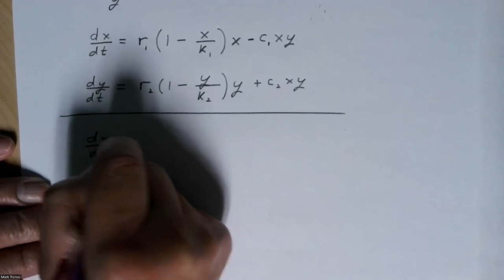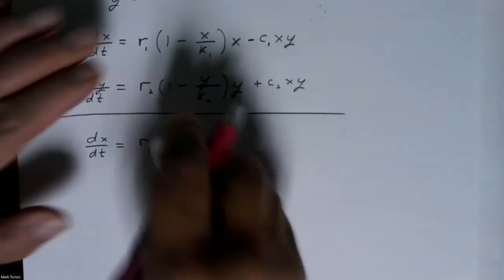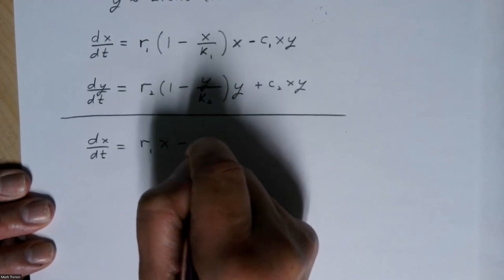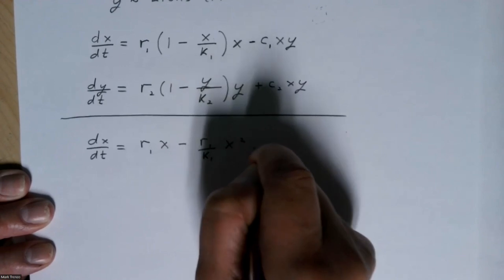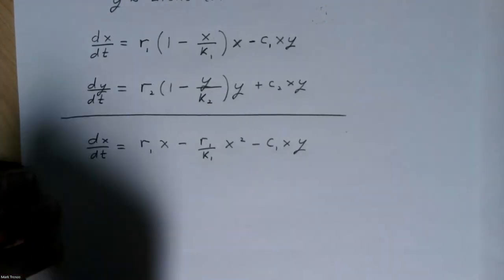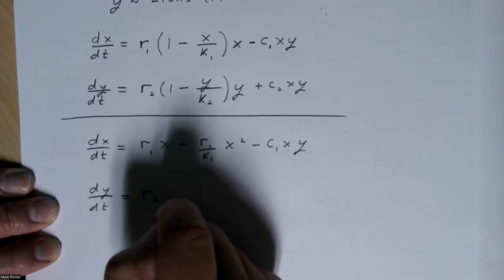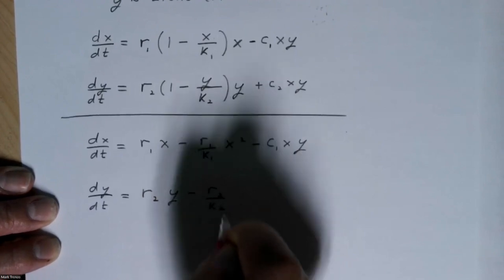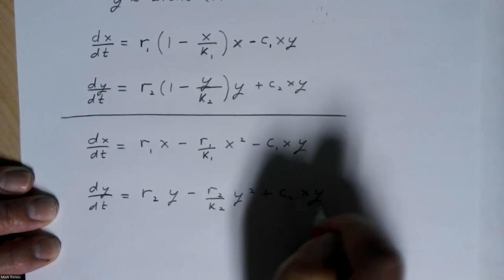And dx/dt is going to be R1 minus, and let me actually put the x in here, R1 x minus R1 over K1 x squared minus C1 xy, like this. dy/dt is going to be R2 y minus R2 over K2 y squared plus C2 xy, like this.